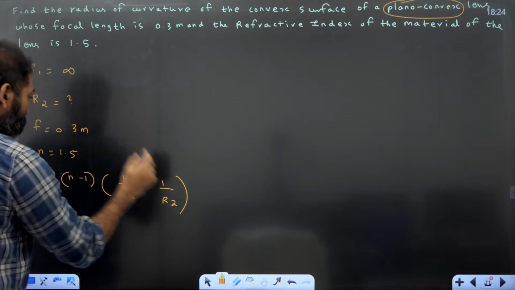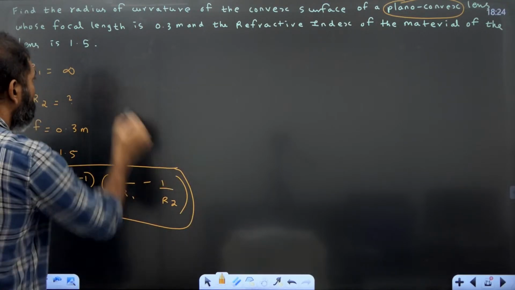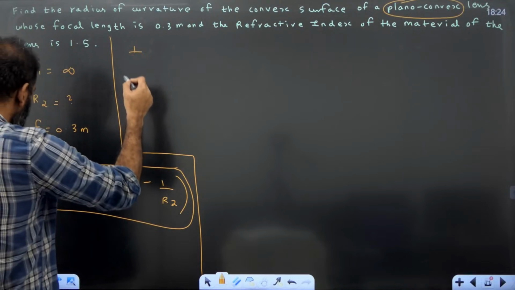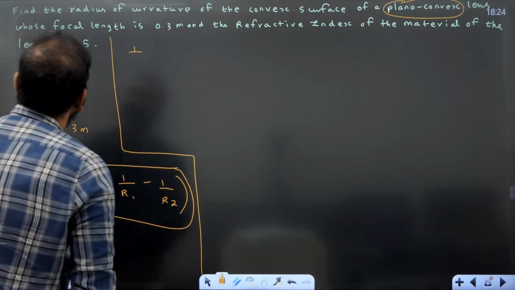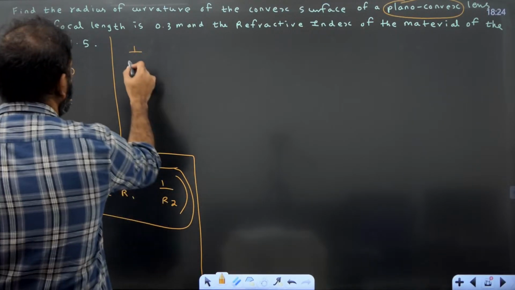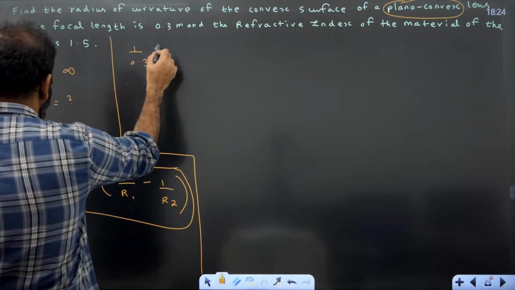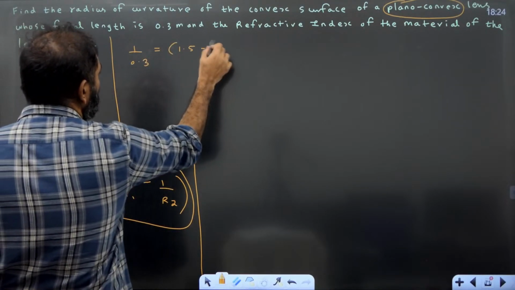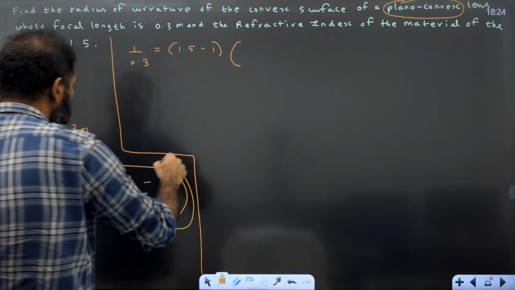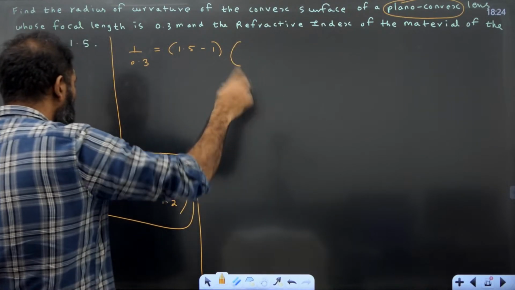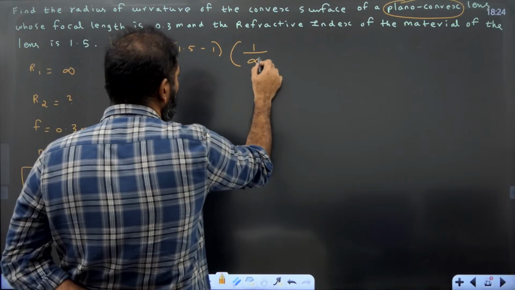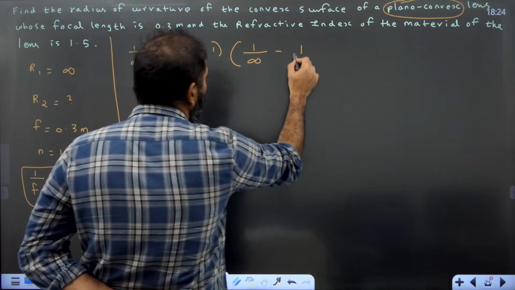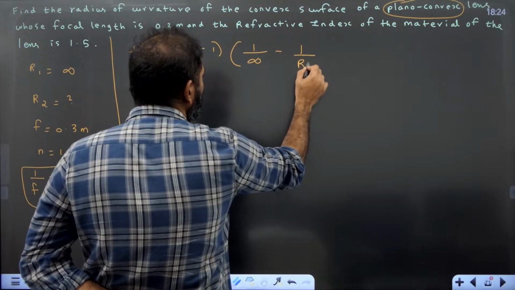This is a standard formula which I should be keeping in a box. So 1 by f is 1 by 0.3, n value is 1.5, minus 1, into 1 by R1 minus 1 by R2. Since it is plano-convex, 1 by R1 is 1 by infinity. R2 is not known, so I am placing it as r.